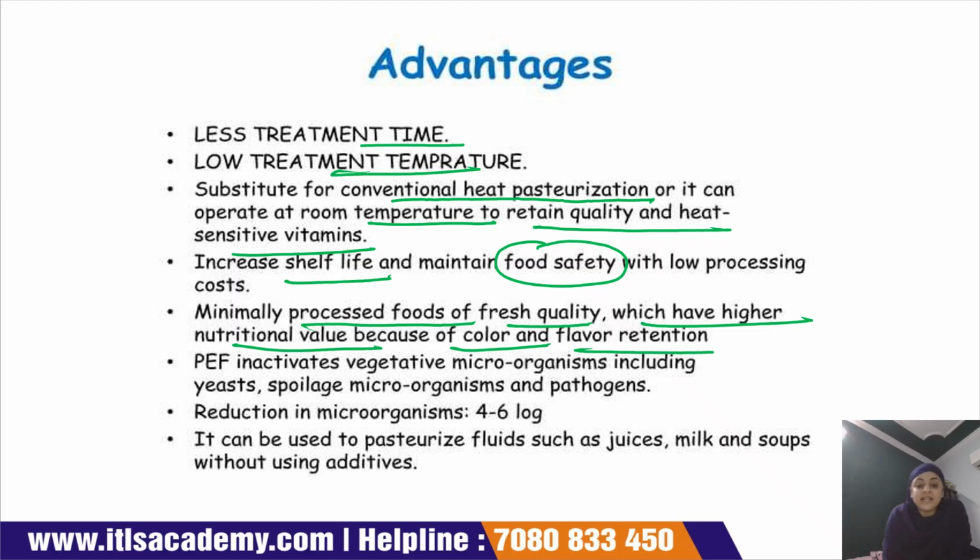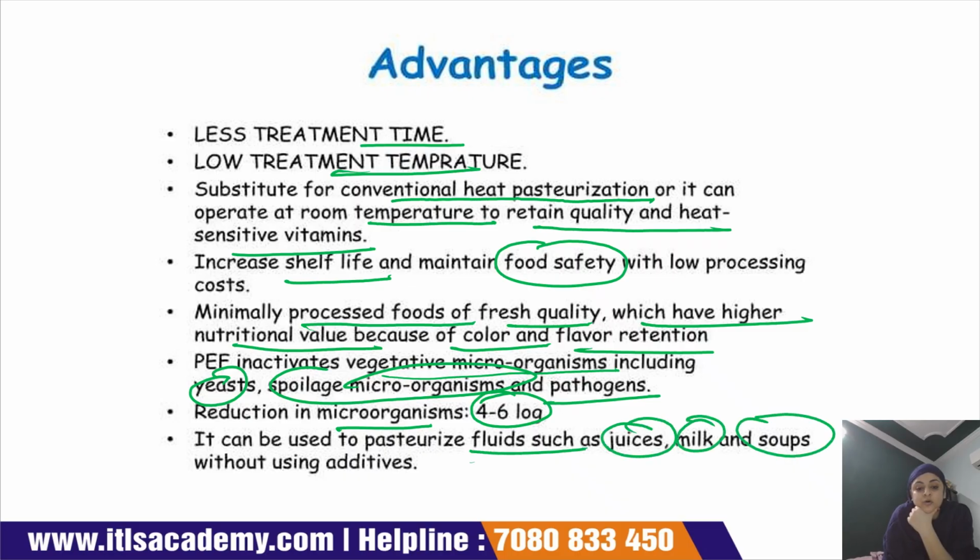Pulse electric field inactivates the vegetative cells of microorganisms like yeast, spoilage microorganisms and pathogens. Reduction in microorganisms is 4 to 6 log, and it can be used to pasteurize fluids such as juices, milk, soups without using additives.